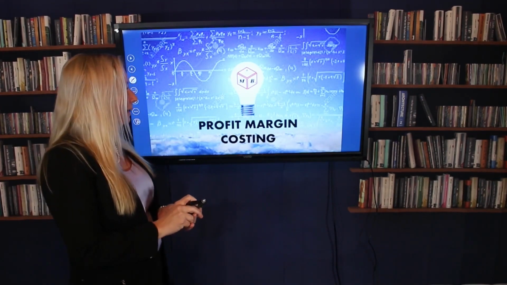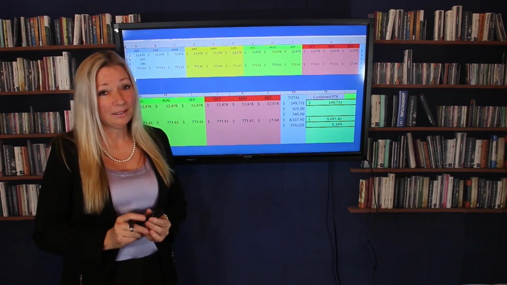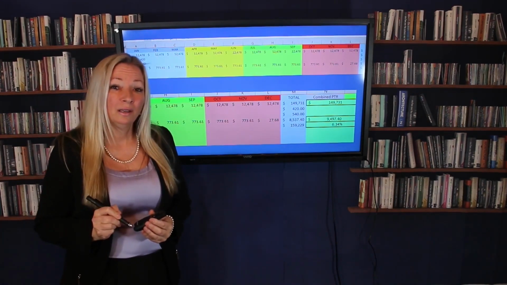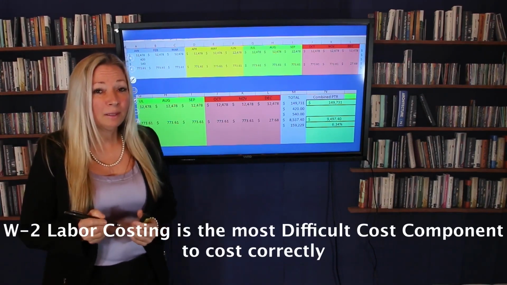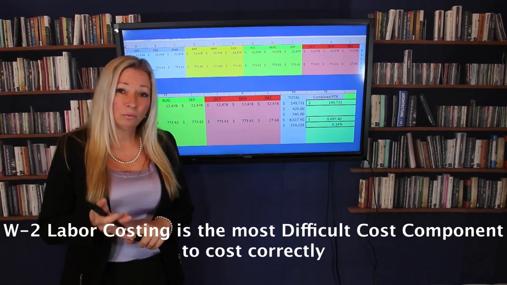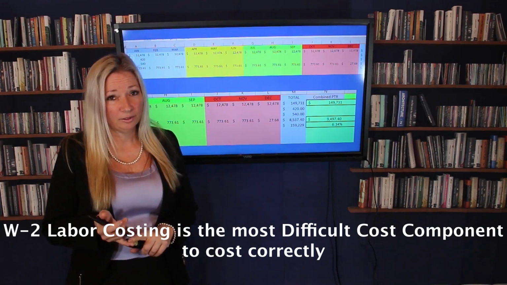Session 1 highlights the most egregious error that we see in a cost plus pricing model when it comes to labor. When you have labor that is also a W-2 component, this is when costing is a significant challenge.